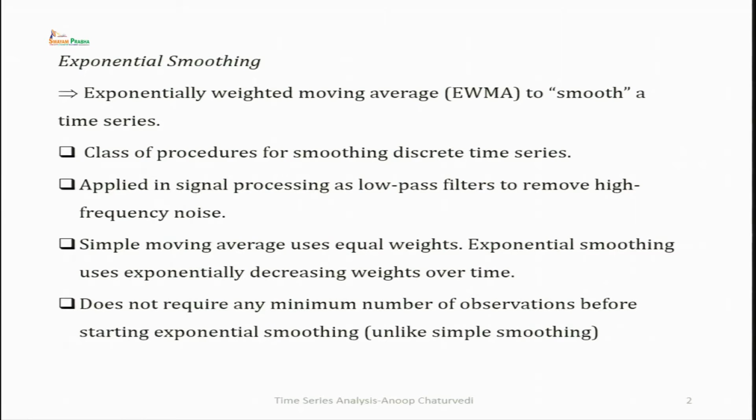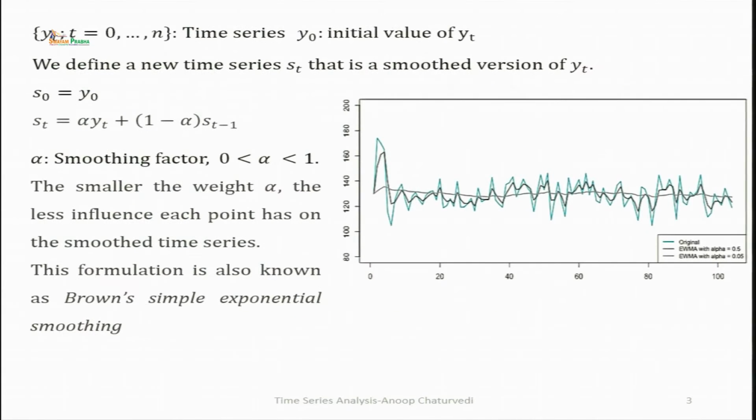Otherwise, it won't be possible for you to apply the moving averages. But here you don't impose any such condition on the number of observations. Now, suppose y t is a time series, t varies from 0 to n, and y naught is the initial value of y t.